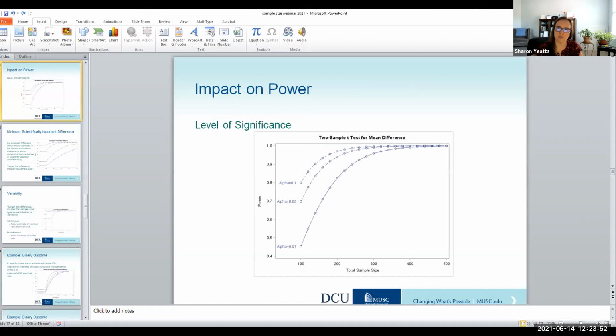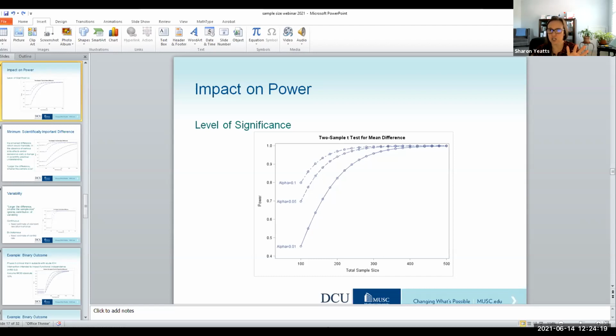I talked about the level of significance and its impact on the power. What I'm showing you here is the relationship between sample size on the x-axis and power on the y-axis when we're conducting a 2-sample t-test for the mean difference. For all of these 3 curves, I've held everything else constant.